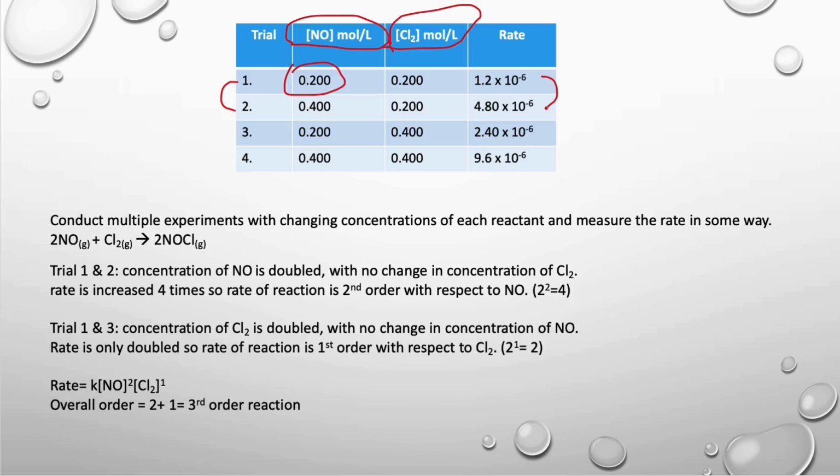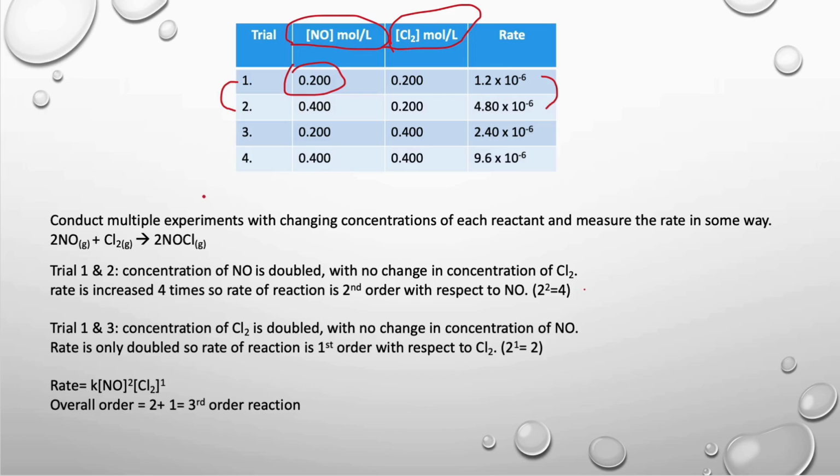If it had just doubled, I'd have seen something like 2.4 or something, but that's not what I'm seeing. So now I'm sure that because it's quadrupled, it's a second order reaction.